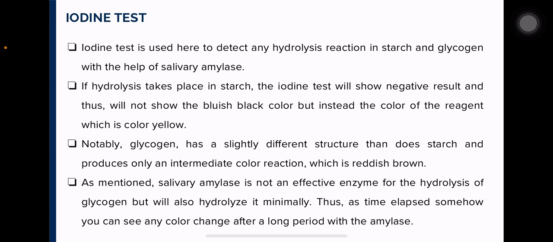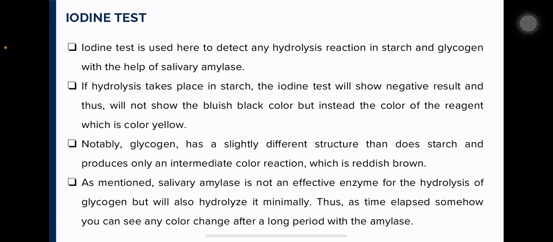In this experiment, the iodine test is our primary indicator for hydrolysis. So how do we interpret this? If there is a blue-black colored compound, then starch or amylose is present. If there is a reddish-brown colored product, then glycogen is present.